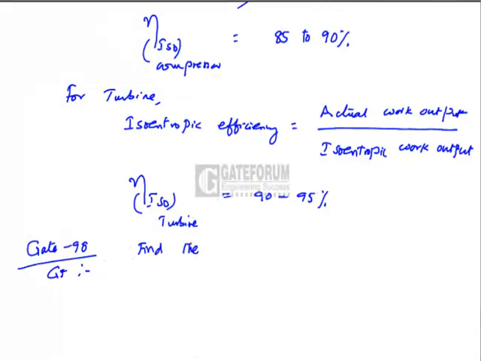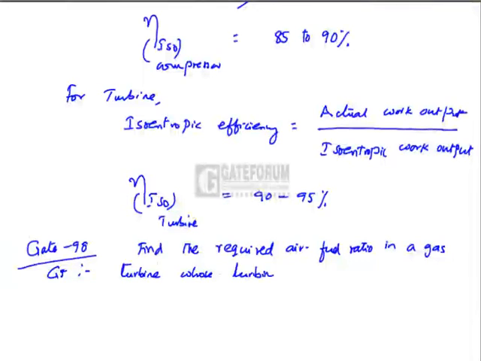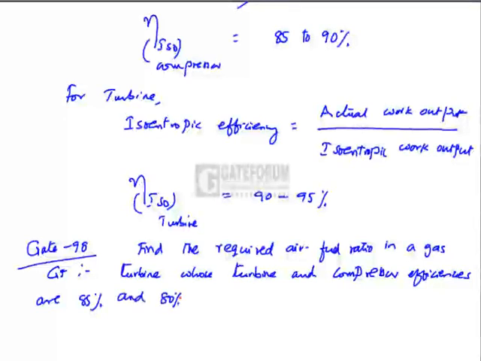Find the required air-fuel ratio in a gas turbine whose turbine and compressor efficiencies are 85% and 80% respectively.